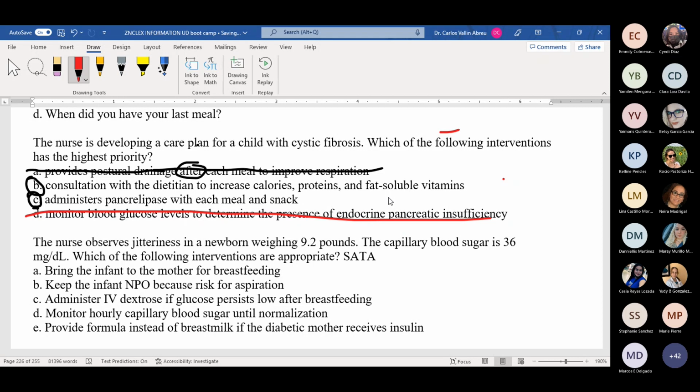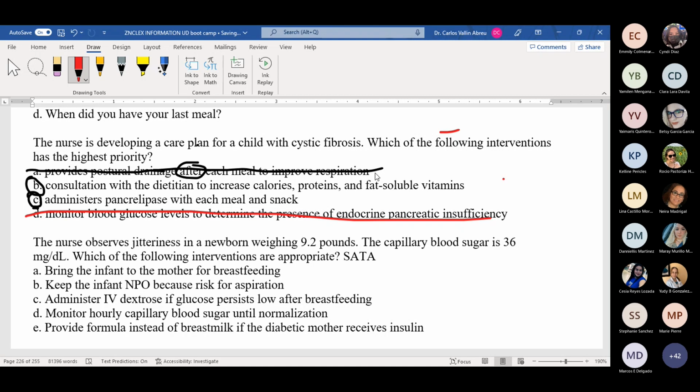Because you can be eating tons of proteins and vitamins and calories, but if you are not digesting them, those nutrients are going to end in the toilet. You understand?